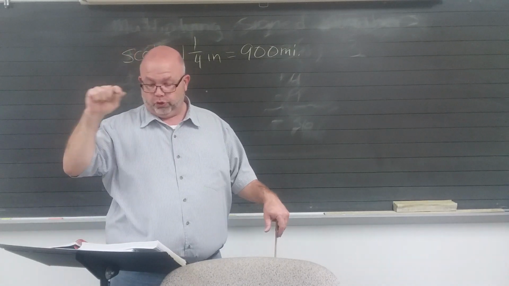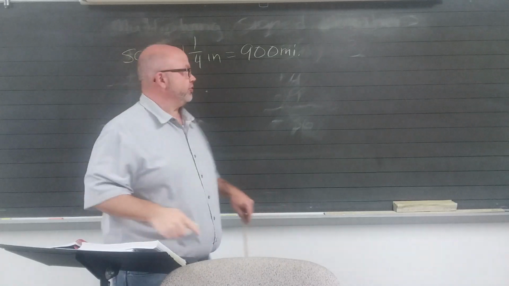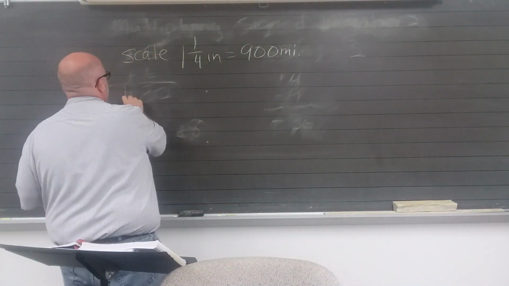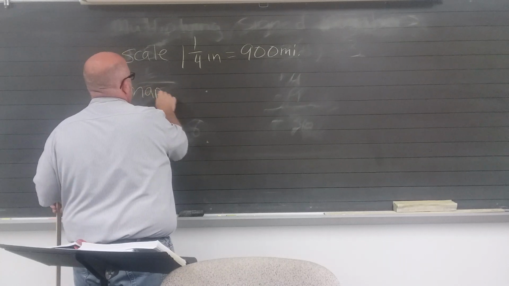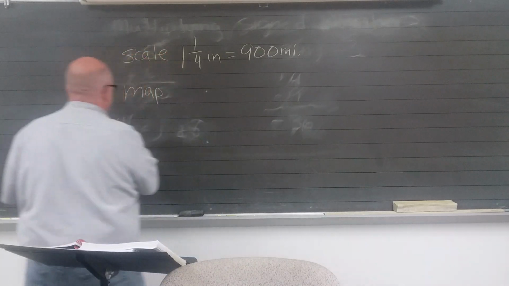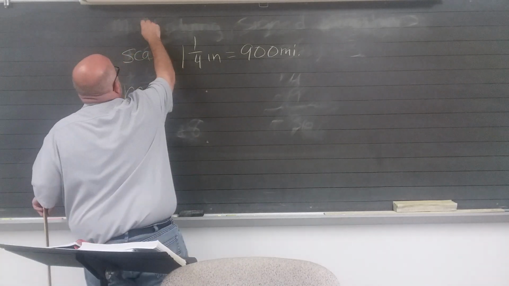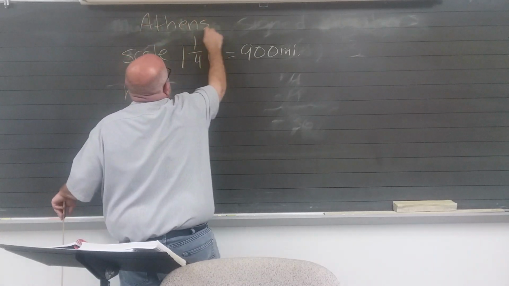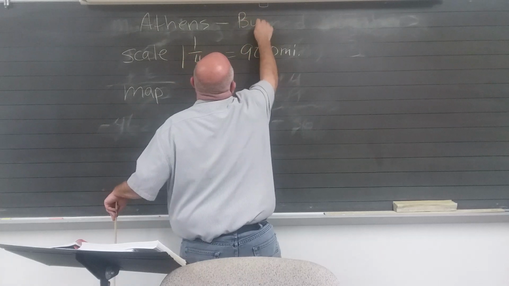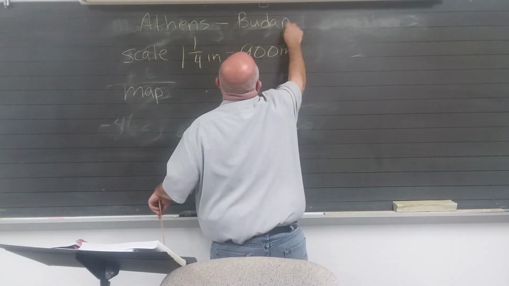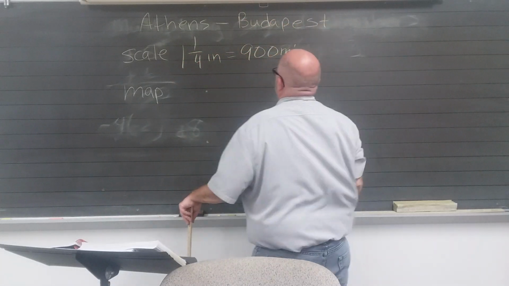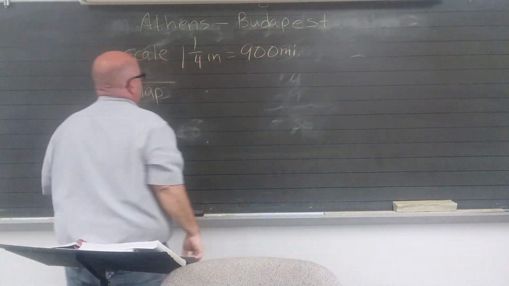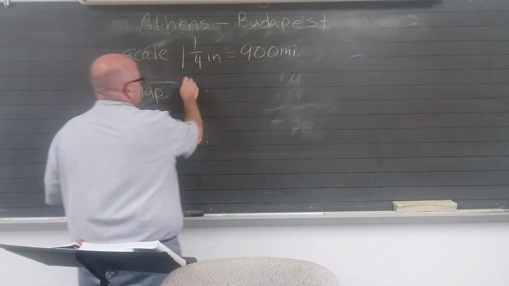So if you put your ruler on the map, from Athens to Budapest, it is 1 inch.